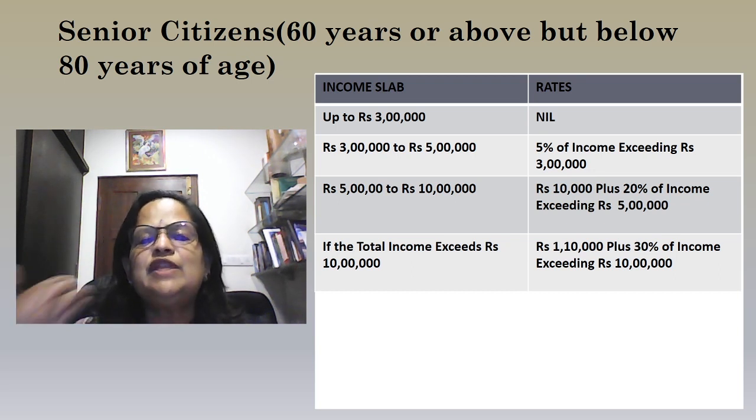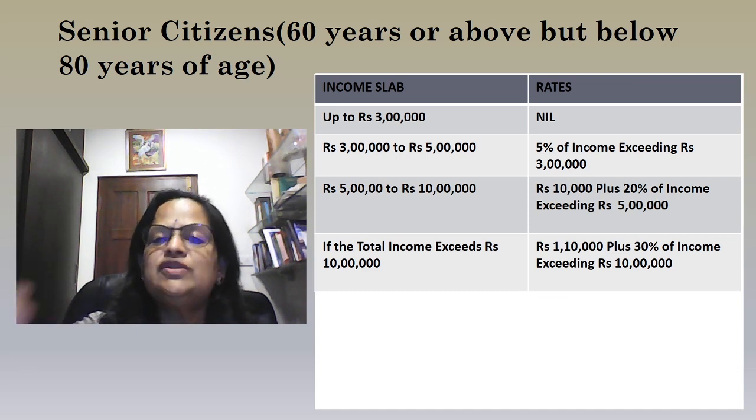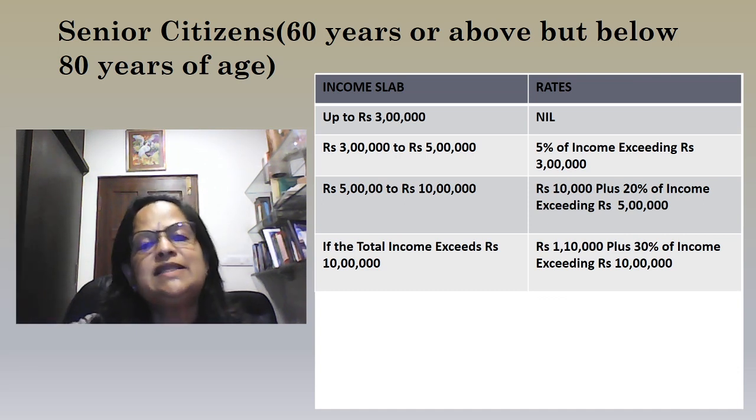Now next is if the total income exceeds 10 lakhs. 1 lakh 10,000. So 10,000 has already come in the first slab. In the second slab, if his income is 10 lakhs, again a tax liability of 1 lakh will be added. So again if it is exceeding 10 lakhs, 1 lakh 10,000 plus 30% of income exceeding 10 lakhs.